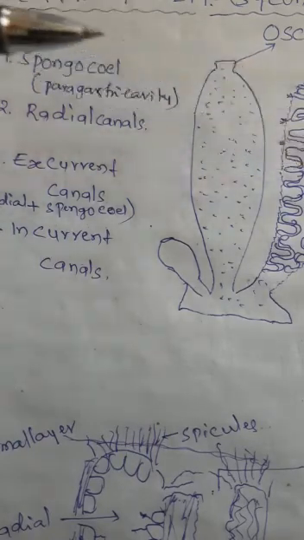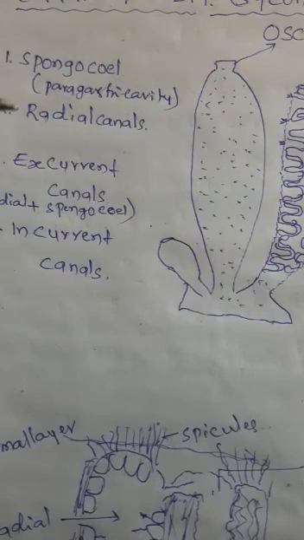Unlike radial canals, the wall between the incurrent and radial canals is pierced by many minute pores called prosopyles, which are present in cells called porocytes.